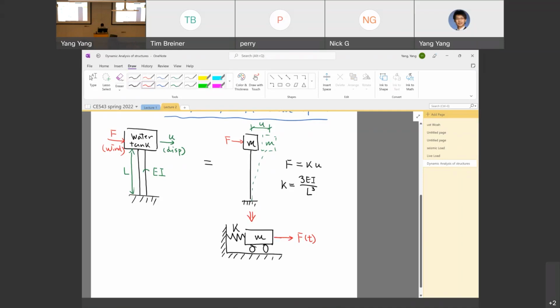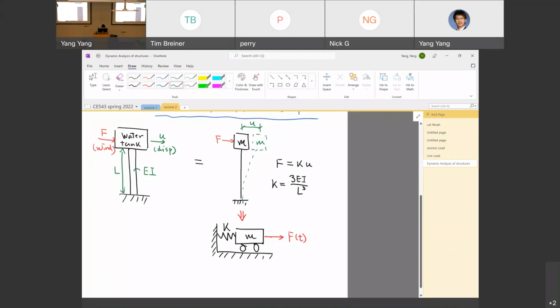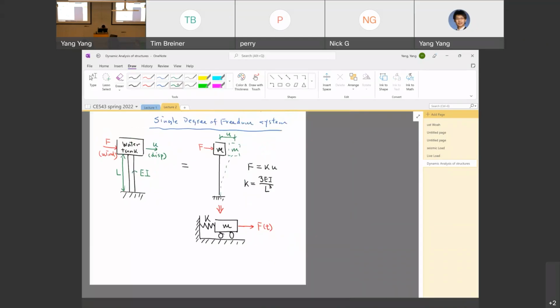And how about the displacement? Similarly, the displacement varies with time too, because if the force varies with time, the displacement varies.